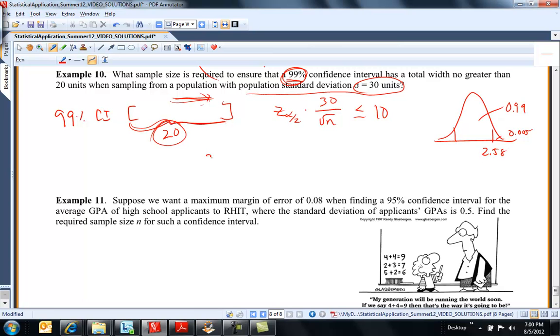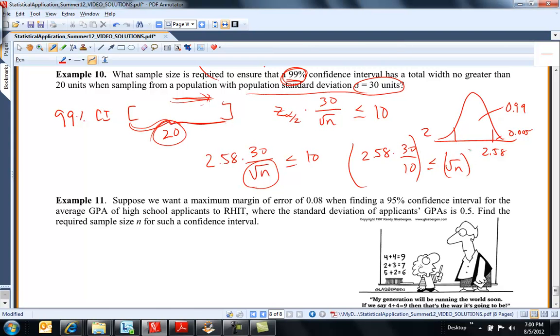So I want to solve 2.58 times 30 divided by square root of n less than or equal to 10. And then I solve this for n. 2.58 times 30 divided by 10 is less than or equal to square root of n, and then go ahead and square both sides, and we find out that n has to be bigger than or equal to whatever this number is. I don't have Maple up, but this should not be a very hard calculation.